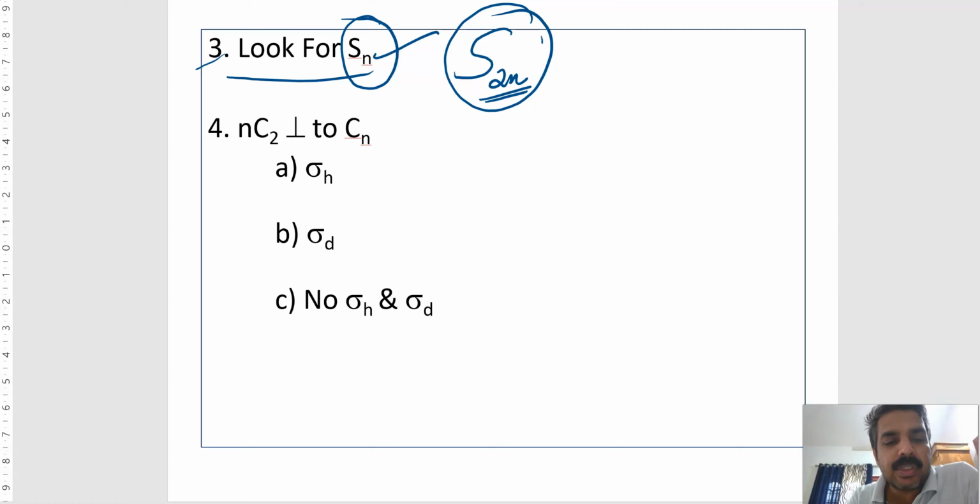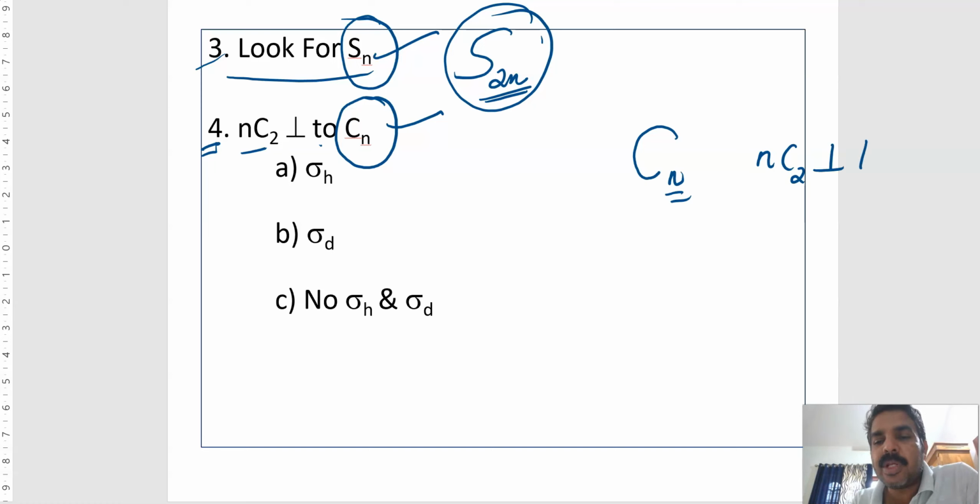The fourth step is to find the Cn axis, the highest order rotation axis. The molecule contains a Cn axis, and you look for nC2 perpendicular to Cn. That is, you have determined that the molecule has a Cn axis, a proper rotation axis of nth order. Then the next step is to look for any nC2 perpendicular to the Cn.